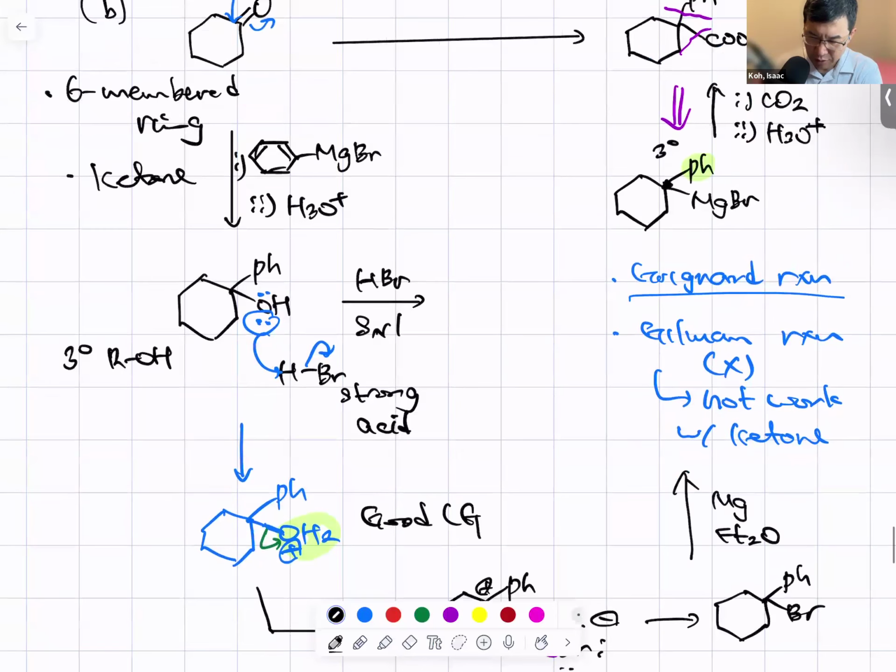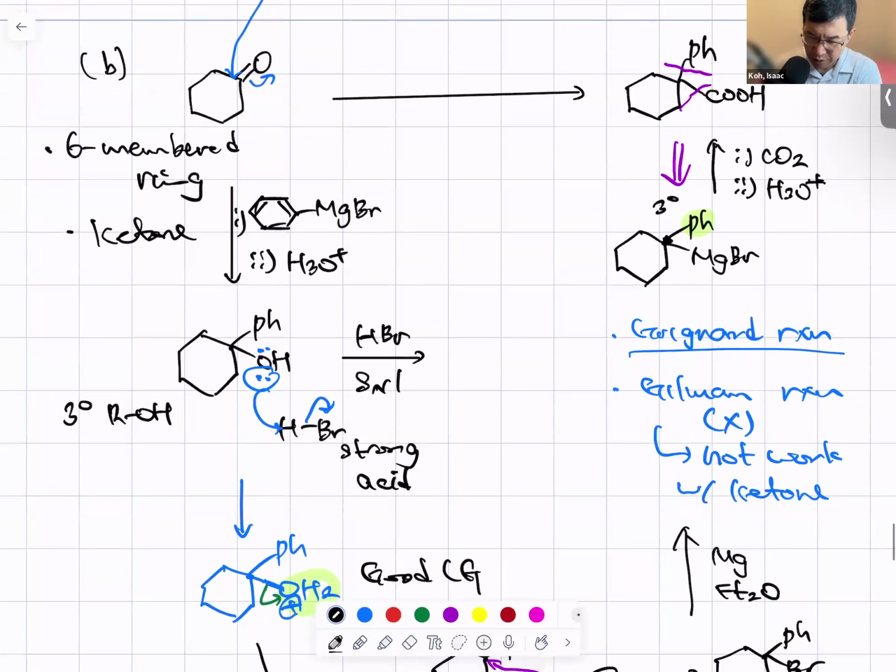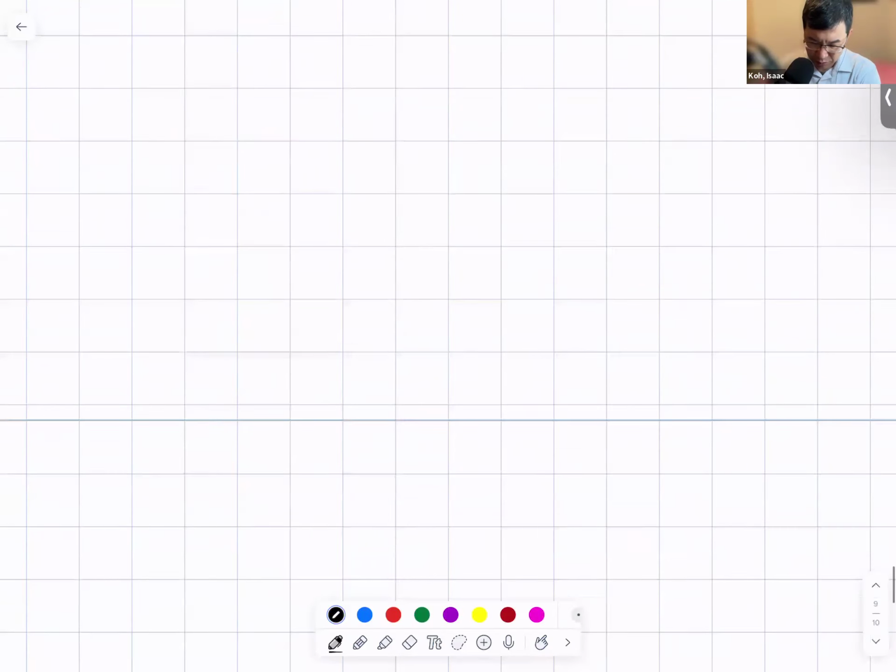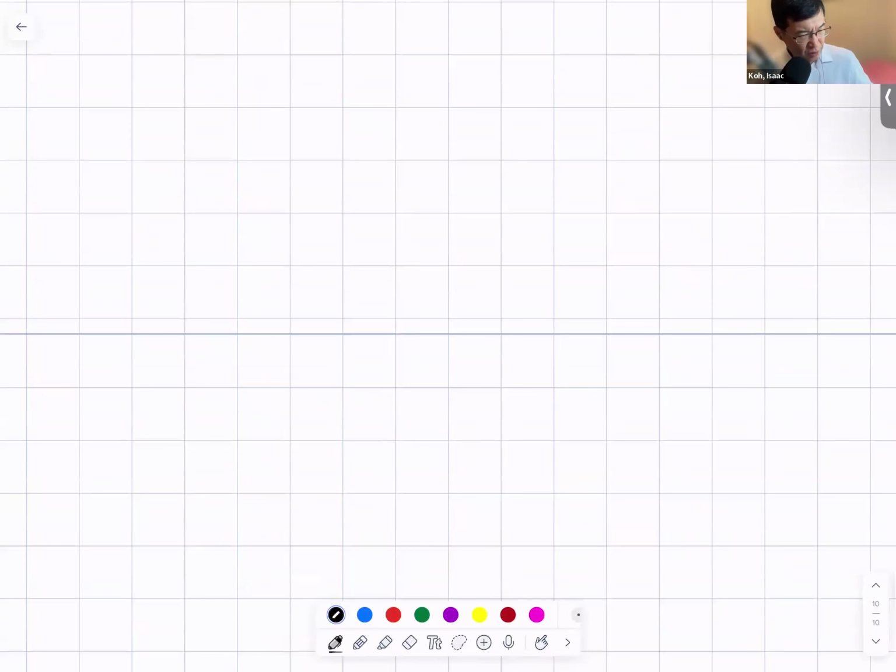They will be making this tertiary alkyl magnesium bromide, and they will be treated with carbon dioxide and acid workup. It will be making into the final product. Okay, so all right, that's it for today's work.